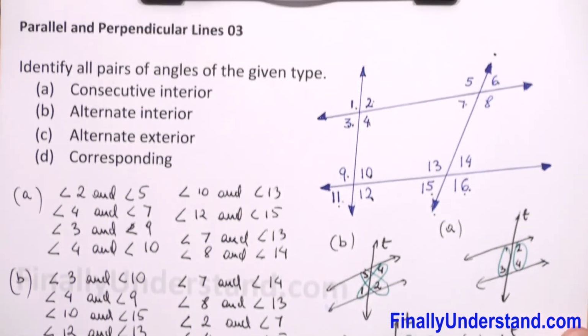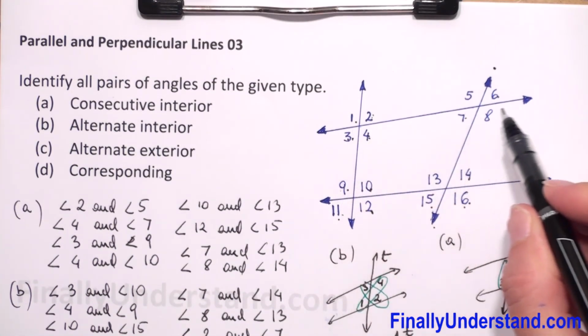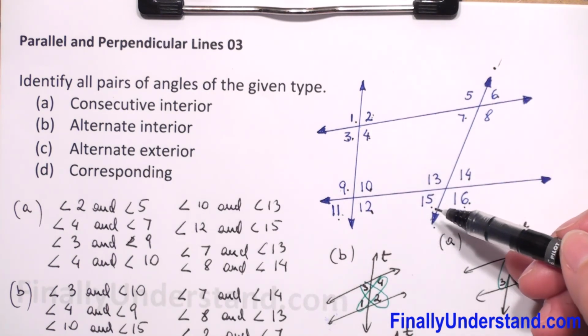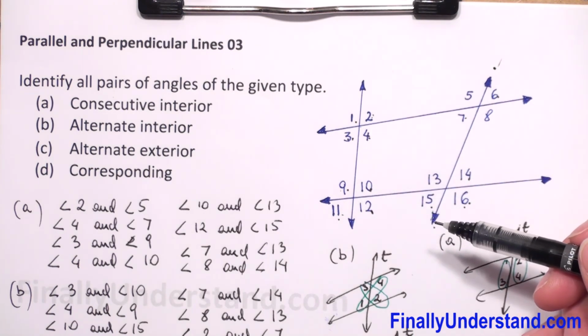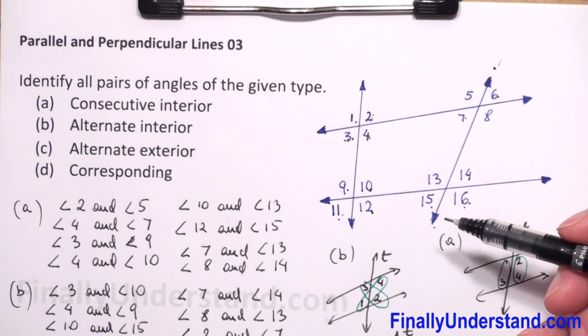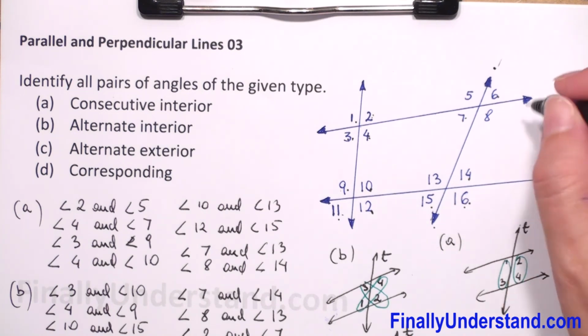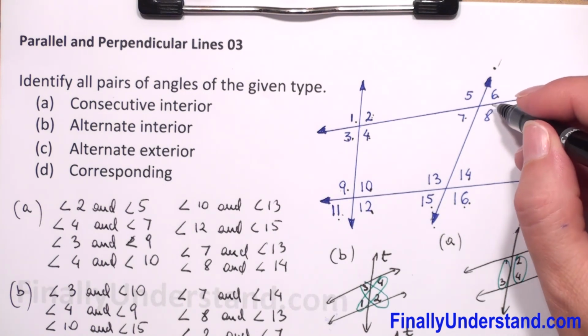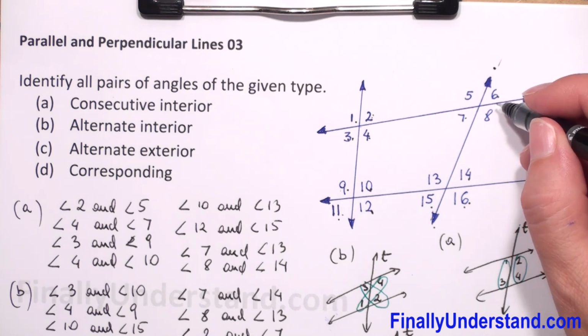And now let's put that this is our transversal for these two lines. And again, when you are looking at corresponding angles, you have to have corresponding positions. So if you are, for example, here, we first look at angles which are above lines and on the right side.